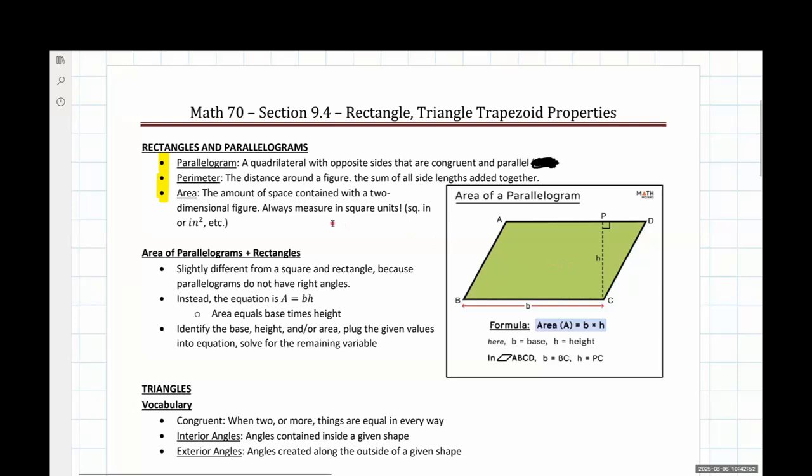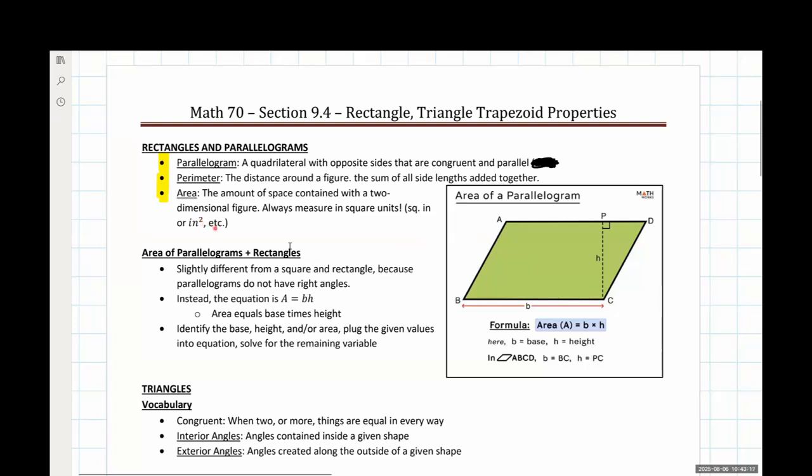When we are writing an area, it should be noted that we measure the area in what's referred to as square units. So let's say I'm working with inches. If I have 42 as the area, I would have 42 square inches, or I'd write it out as inches to the second power. This exponent does not affect the number.